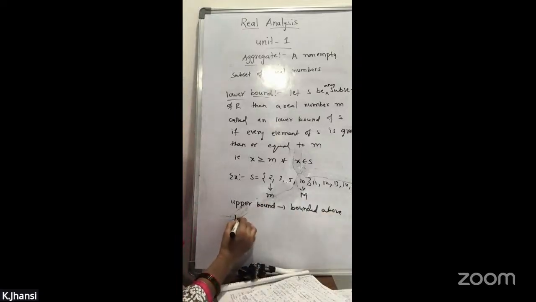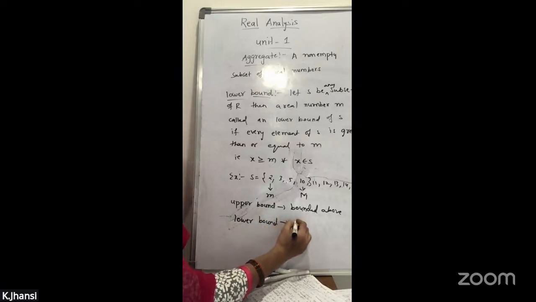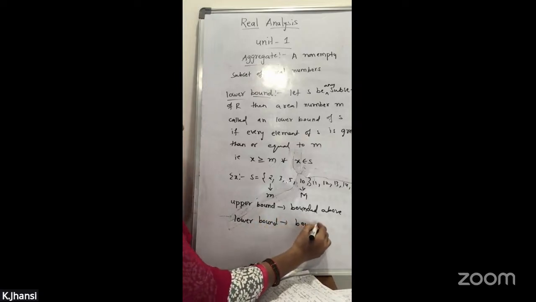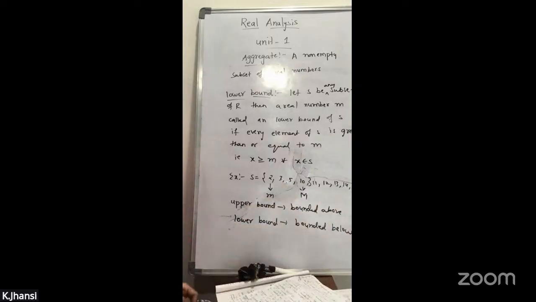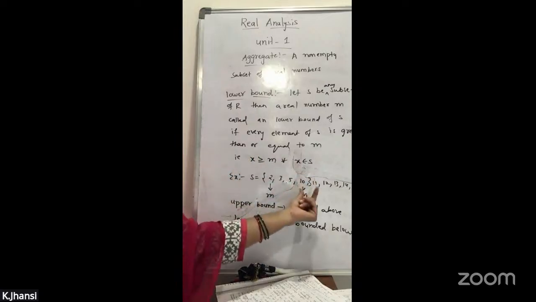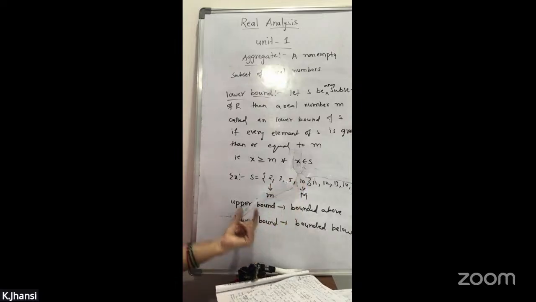And if it has a lower bound, we call it bounded below. So if a set is both bounded above and bounded below, that is, if a set contains an upper bound and also a lower bound, then we call that set a bounded set.